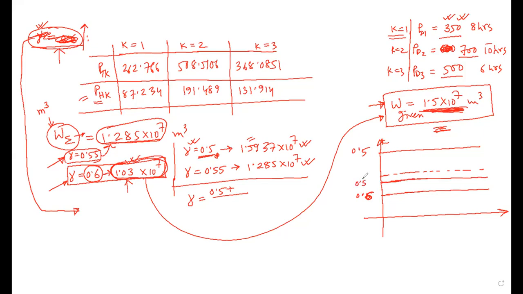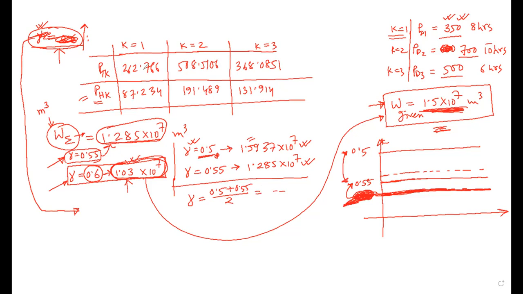This is 0.55. So this value is actually not required. In the next iteration we will not require this value; instead of 0.6, our gamma will be this, and we will take the average of these two, 0.5 and 0.55. So 0.5 and 0.55 divided by 2, whatever value comes, we have to recalculate with that value of gamma.